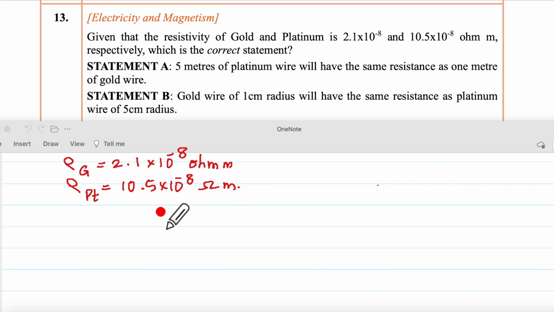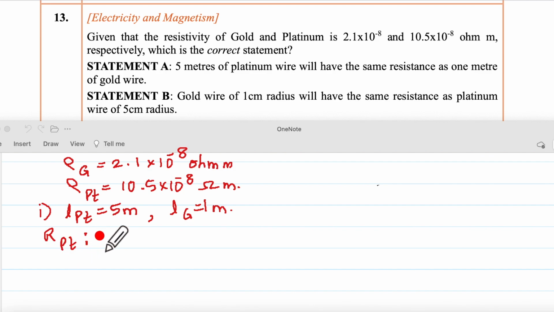They say 5 meters of platinum wire. So case 1 says that you take the length of platinum wire as 5 meter and the length of gold wire is 1 meter.